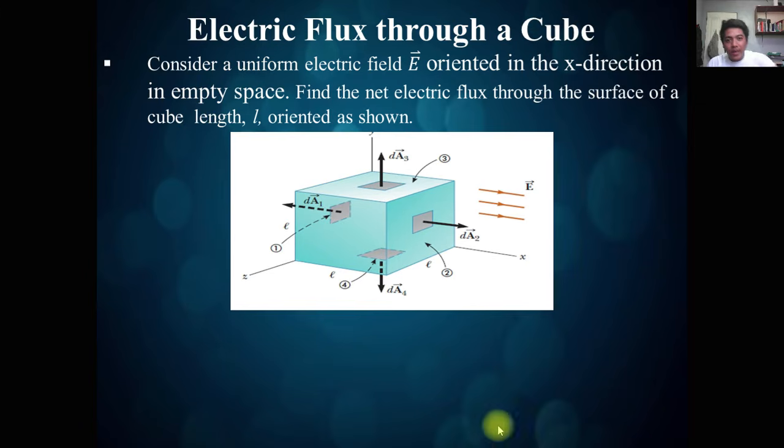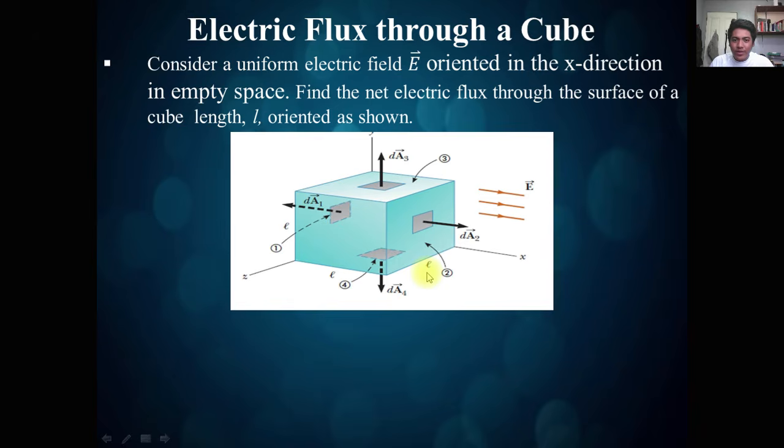And also on the back side of the cube, where it traverses the negative z direction, would you agree with me that there is an electric flux at this face? Yes. Why? Because the angle between the normal vector dA sub 2 and the electric field is 0. So definitely, we have cosine 0, which is equivalent to 1.